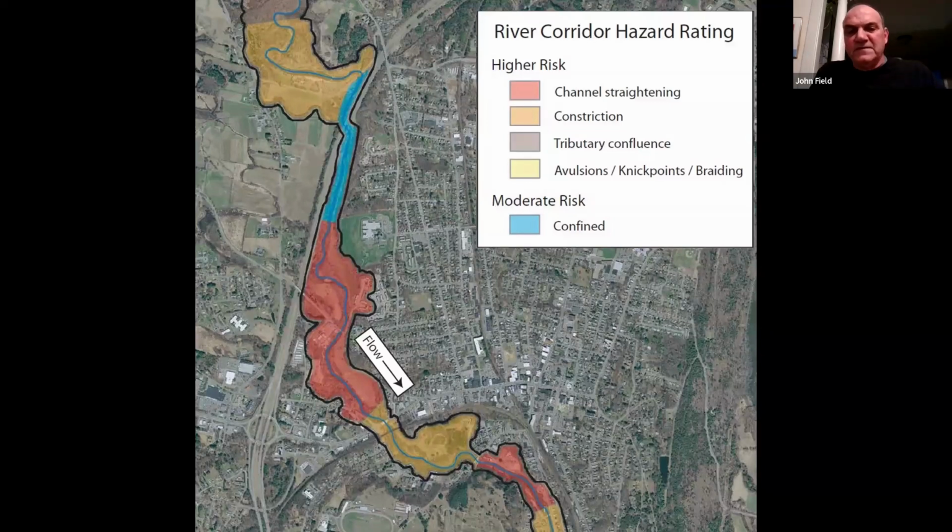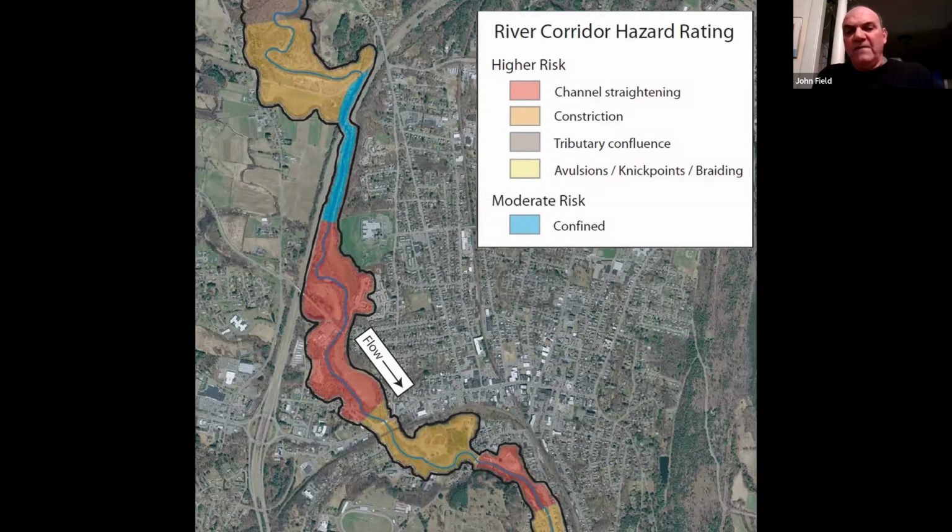I've been doing river corridor mapping in Massachusetts, a slightly different technique than Vermont uses perhaps, but with the same goal in mind: trying to identify the area the river needs to migrate over time, and then also highlighting where that migration might be most dynamic due to past straightening or valley constrictions, tributary confluences, things that I've talked about earlier.